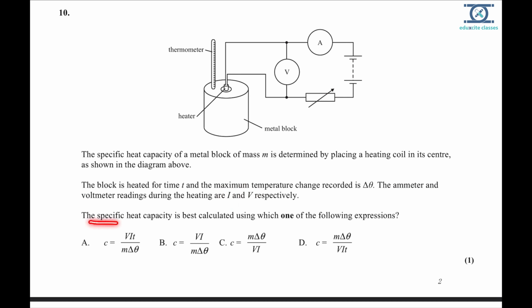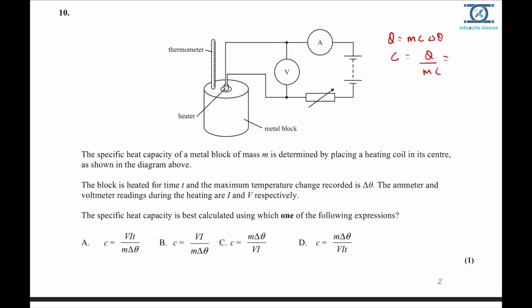Now how will you get the expression for the specific heat? So we know that specific heat is measured as Q equals mc delta theta, that is the change in the temperature. Now specific heat capacity is c, so that can be written as Q upon m delta theta. Now Q is the energy supplied.